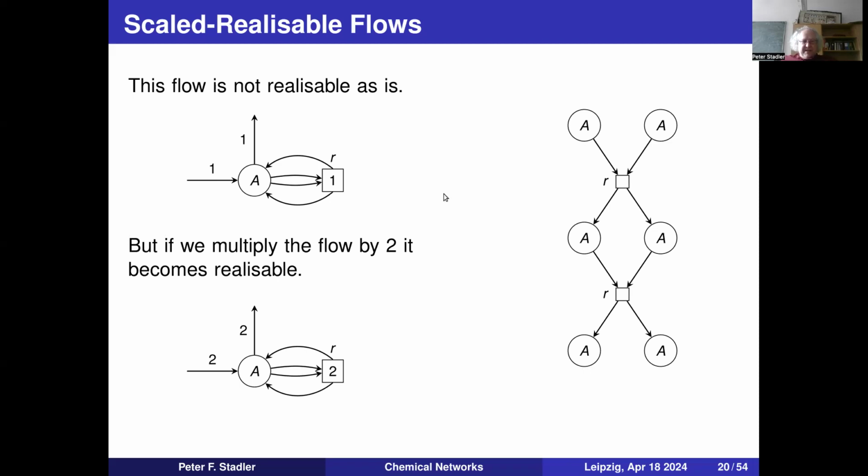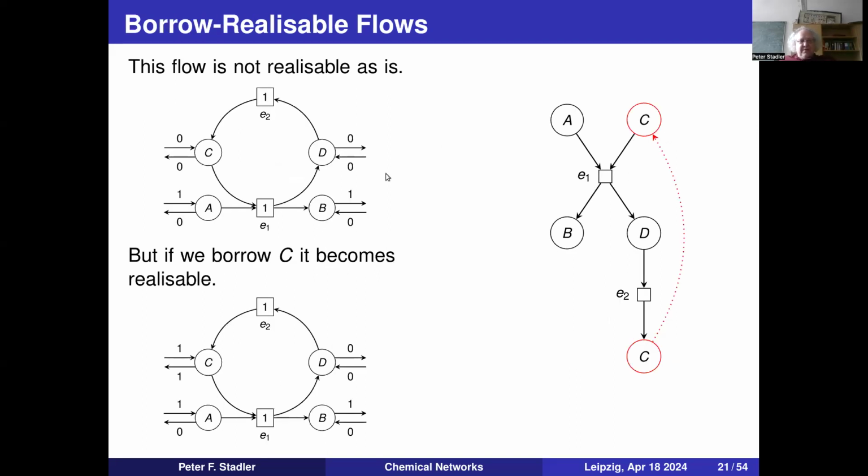So it may be that you have to have a certain minimum number of initial conditions necessary to make a flow realizable. But this is also not something that you can always do if the reaction needs a catalyst that is not there, that has not been produced in an earlier reaction, for instance.